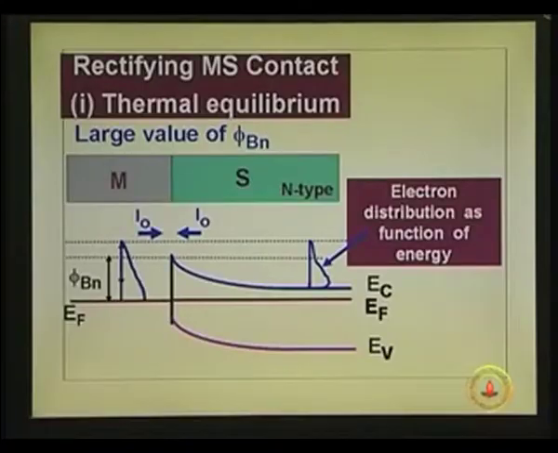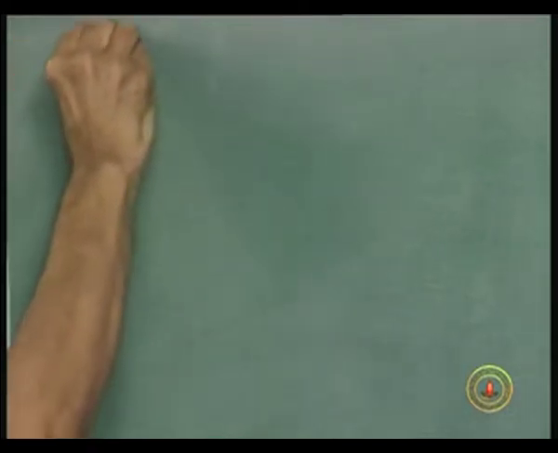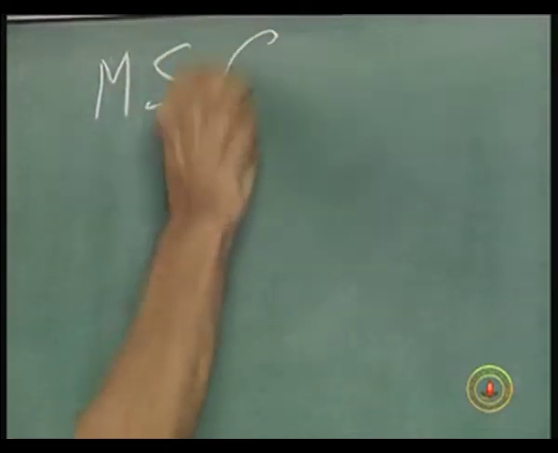We will take the n type material. This already I have discussed yesterday, but a few things I want to point out there by drawing this diagram. So, what we try to do is metal semiconductor contacts.